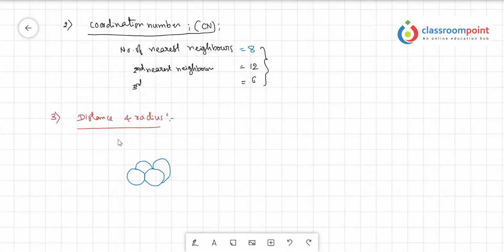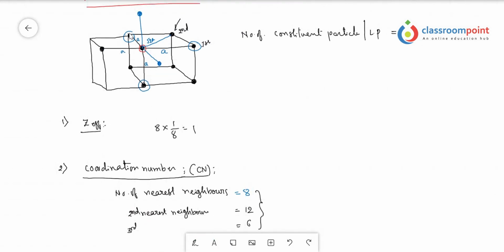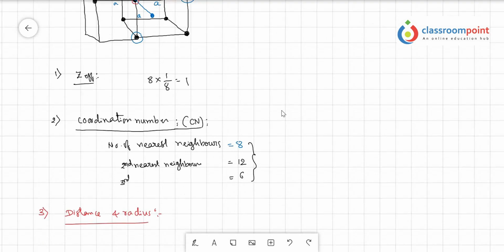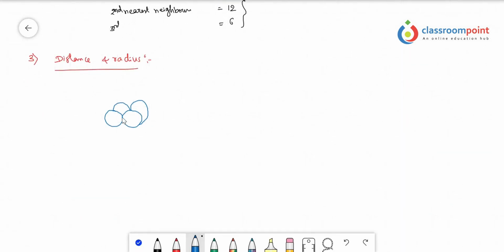These are the particles 1, 2, 3, 4, the top 4 particles, and the bottom 4 particles we also have to draw now. Now let us try to connect these centers, as we discussed yesterday. Now connect these corners, and we get the cubical structure.